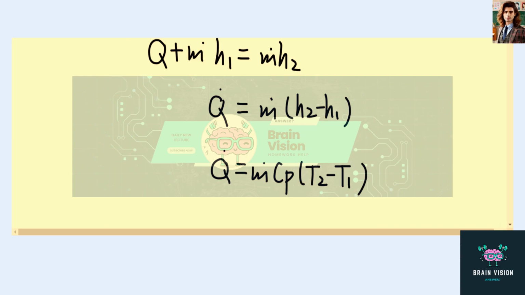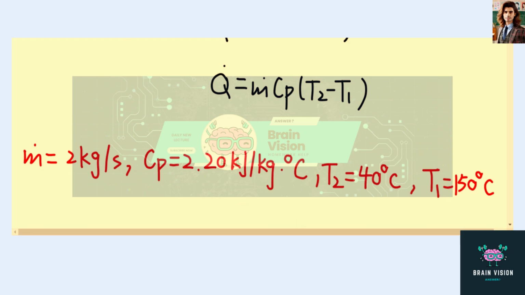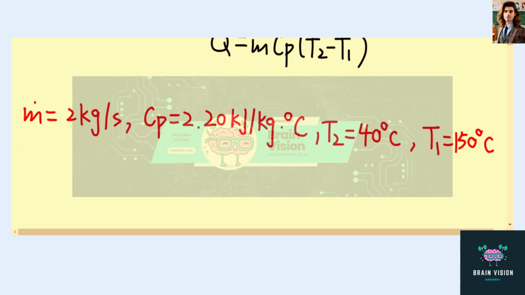And then we know that the mass flow rate is given as 2 kilograms per second, and the specific heat for the oil is 2.2 kilojoule per kilogram times degrees Celsius. We know T2 is 40 degrees Celsius and T1 is 150 degrees Celsius.